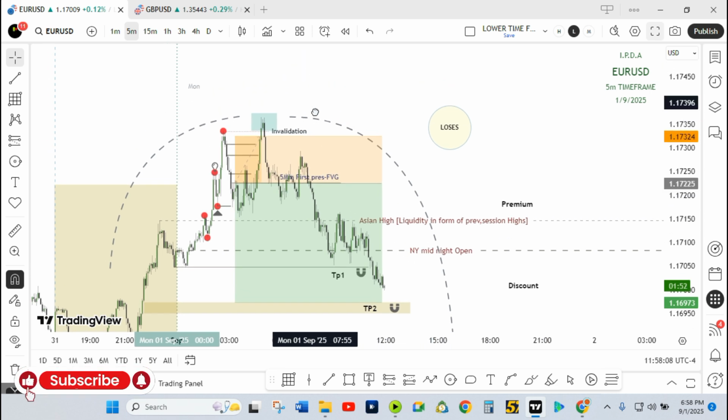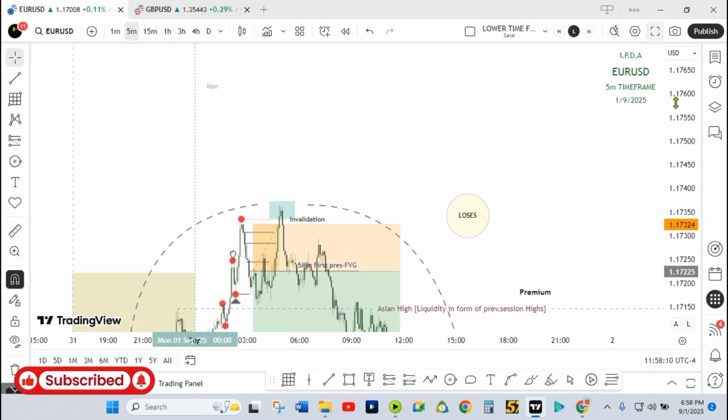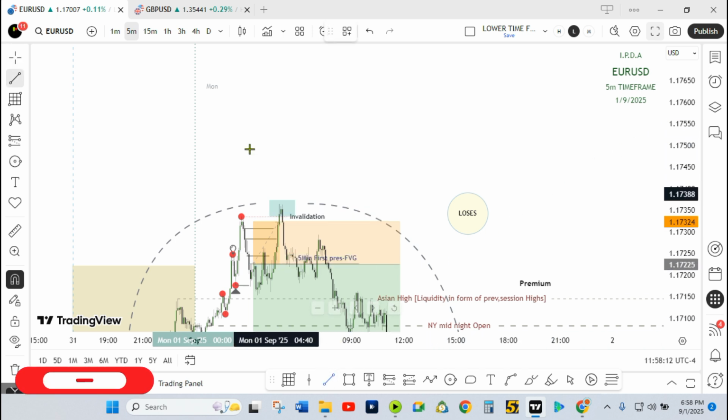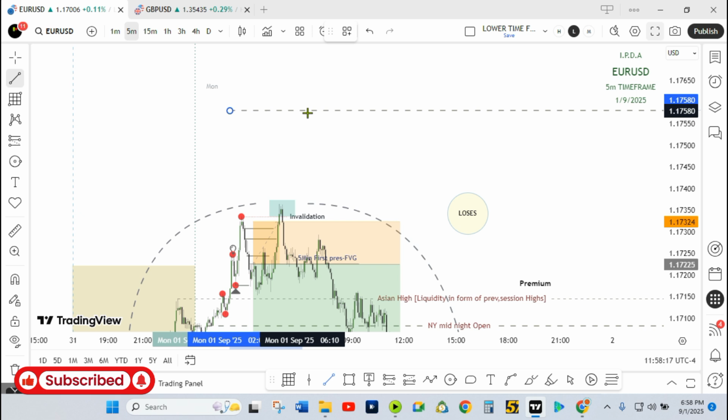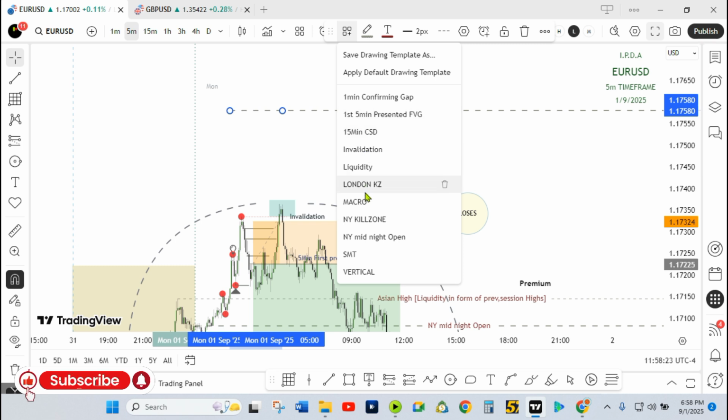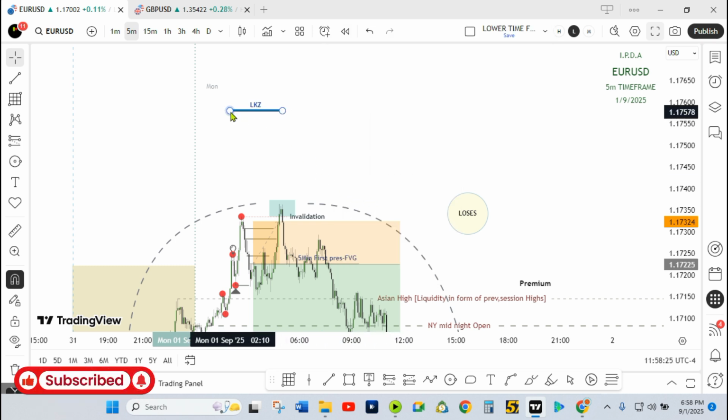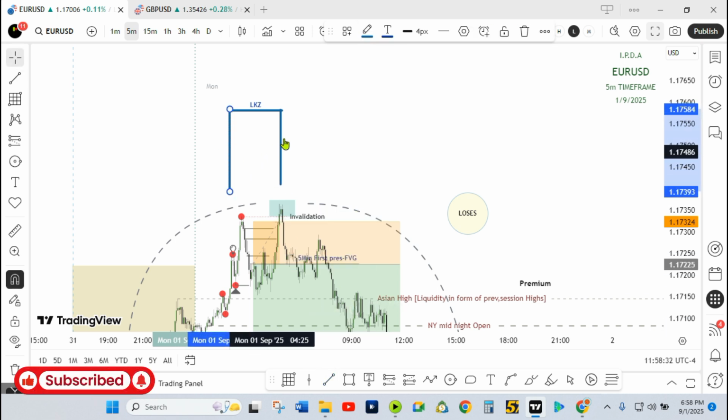I forgot to tell you, everything should take place inside the kill zone, which is 2 to 5. These time windows are very, very important. Inside this time window, most of the time the reversal will happen or the trade will take place.